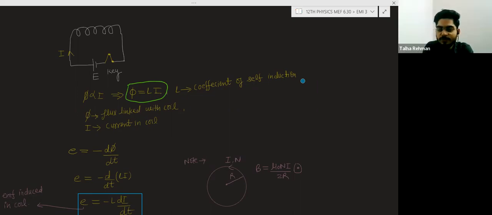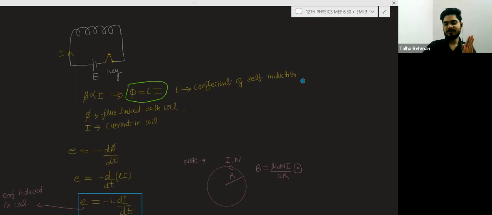Here you have to understand how the magnetic flux is changing, and accordingly write the equations, and apply Faraday's law, then you will get the result finally. AC is a small chapter.